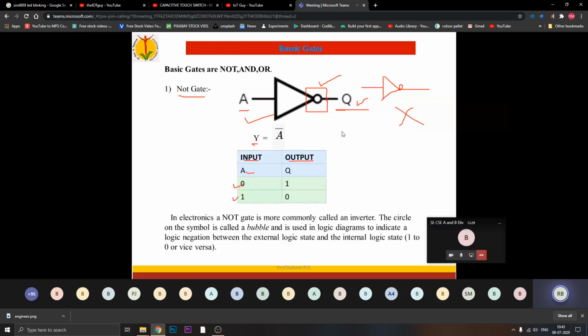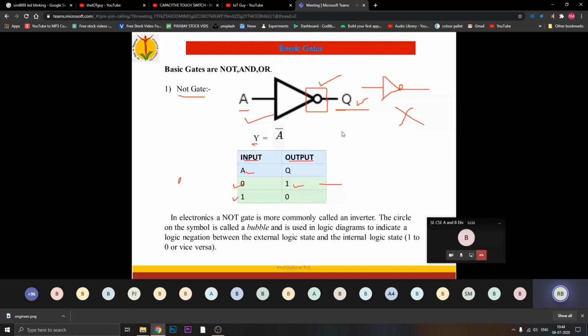Keep in mind that 0 is 0 volt and 1 is 5 volt. When we apply 0 volt as the input to the NOT gate, we get the output 1, that is, 5 volt.